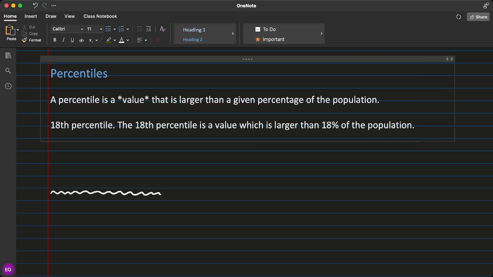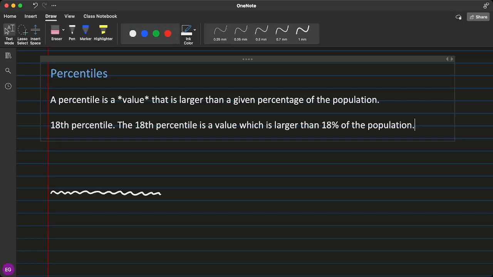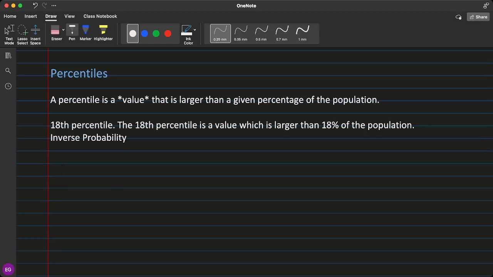So this is sometimes called inverse probability, and I'll explain why. So normally you would say, hey, I want to know what the probability is that someone's height is greater than, I don't know, 64 inches. And I'm just going to make this up. It's like 66%.